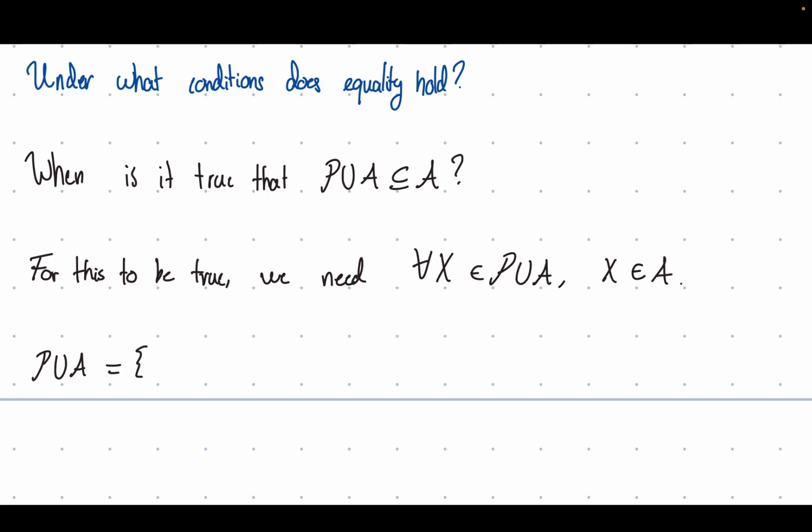I know it's redundant, but it helps, is the set of big X such that big X is a subset of the union of A. Okay.